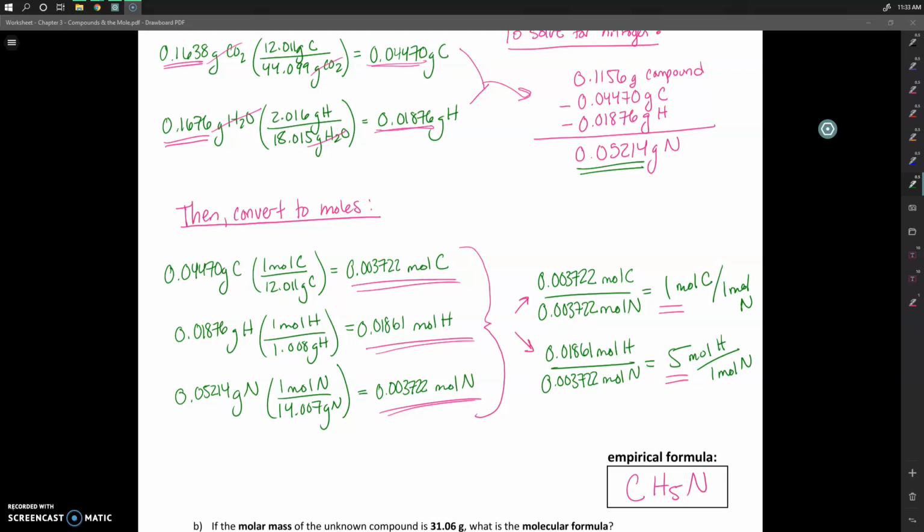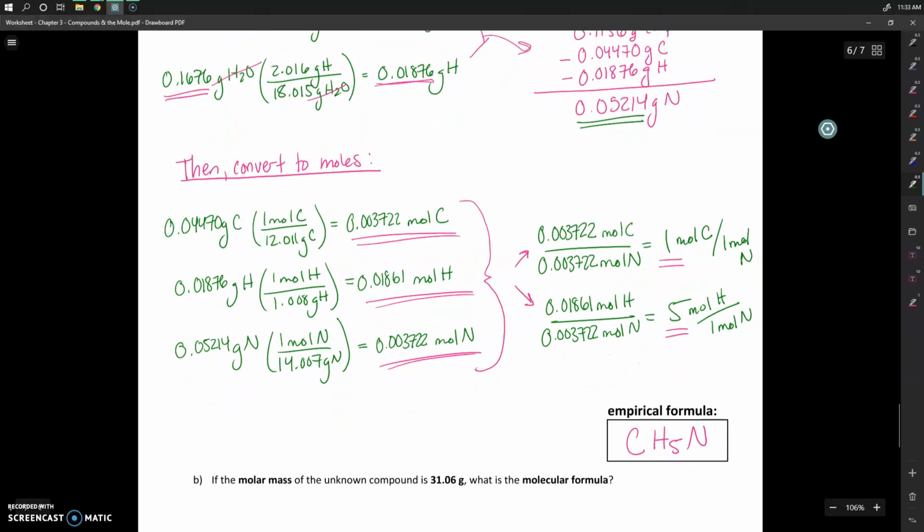And then for the hydrogen, since I have 5 moles of hydrogen per mole of nitrogen, that means I'm putting a 5 as my subscript in the empirical formula. Now again, if you don't know the order of how to put the elements, that is okay at this point. It's okay if you jumble these around a little bit, but typically it goes carbon, hydrogen, and then other elements. So that is why I've started with carbon and hydrogen here.